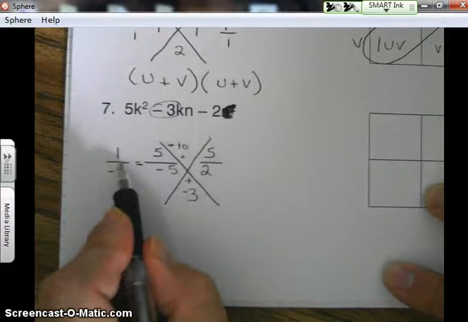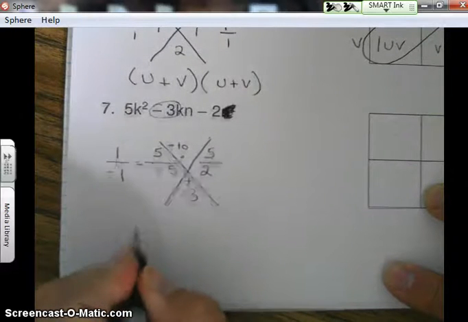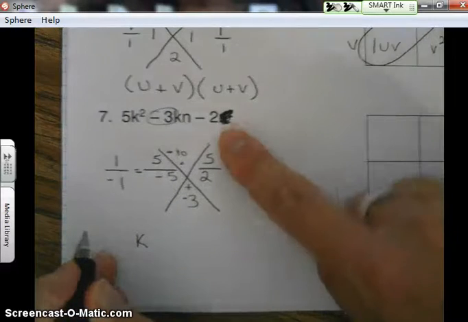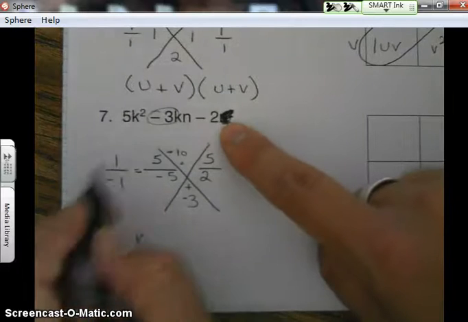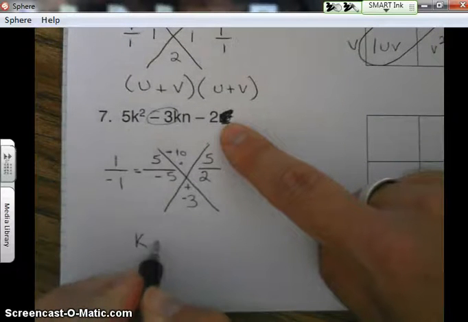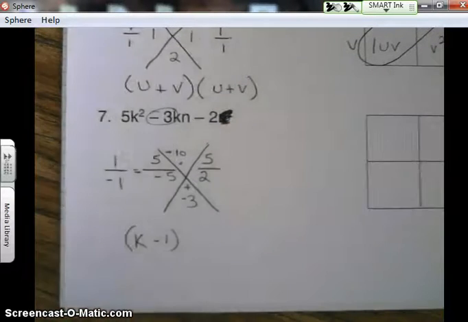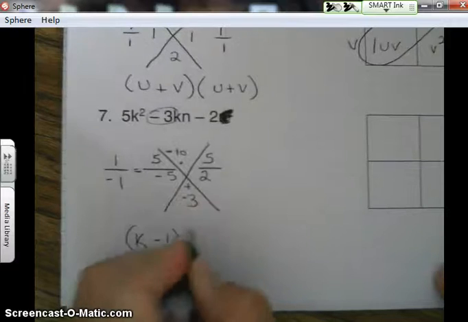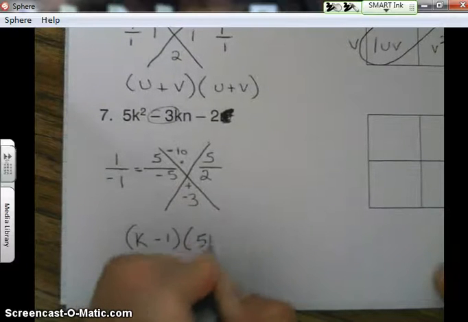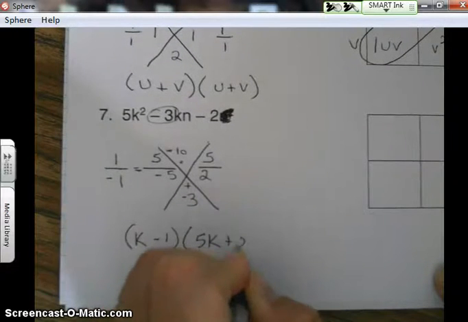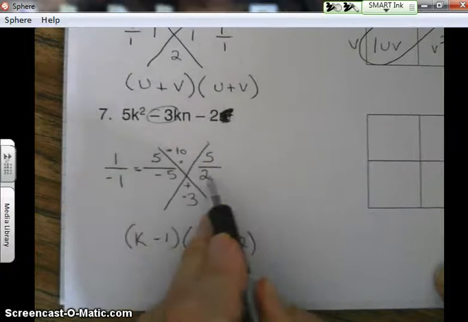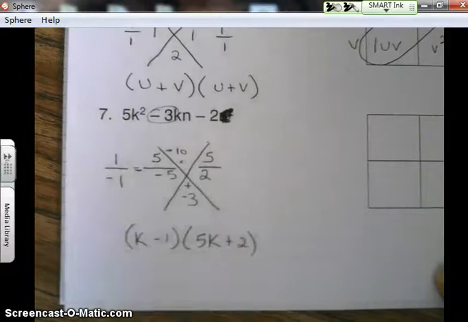Top number goes with the k, so 1k. And remember, we got rid of the letter at the back, so this is just going to be 1k minus 1. And then this one's going to be 5k plus 2. See, if there's no letter at the back, then the number just gets put by itself.